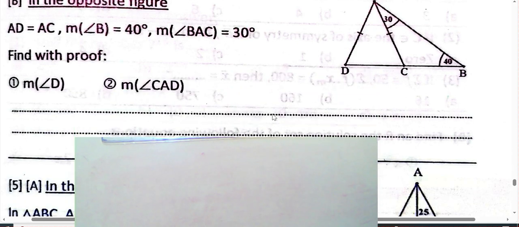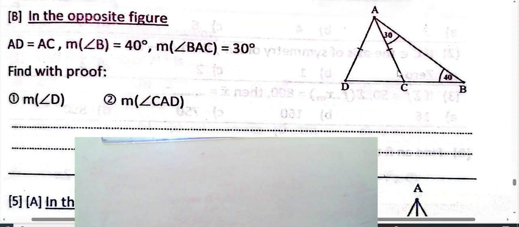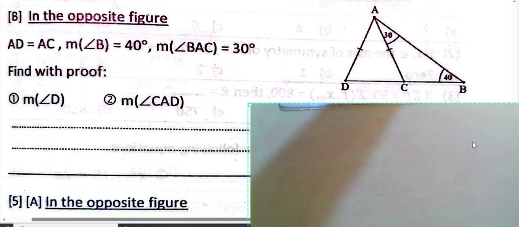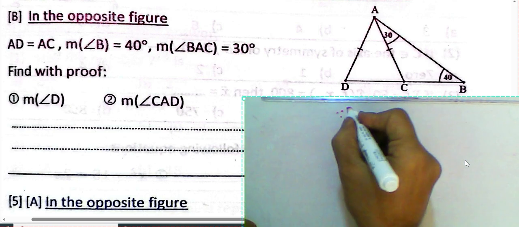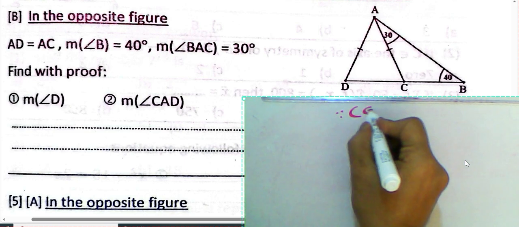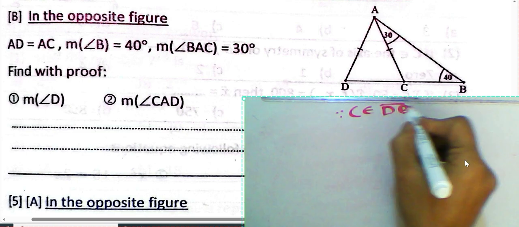In the opposite figure, we want to find the measure of angle D. We have an isosceles triangle, and first we can find the measure of angle C. Look here at the steps. C belongs to the line segment DB.